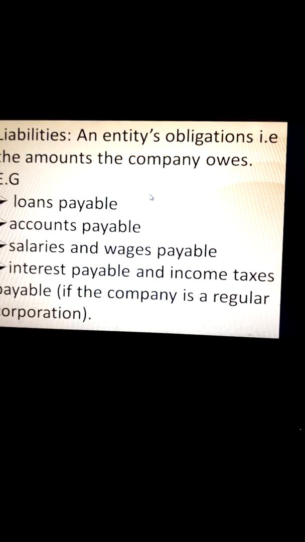The company could owe insiders like the employee, salaries and wages that are payable that had not been paid, or could owe outsiders, creditors, and so on and so forth. So we could take examples: loans payable, accounts payable, salaries and wages payable, interest payable, and if it is a regular corporation, income tax payable.